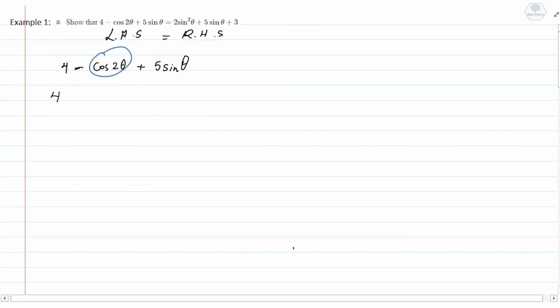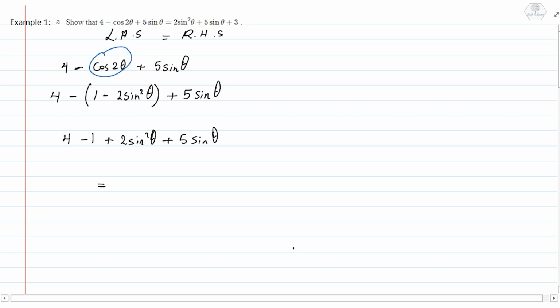So it's 4 minus the quantity 1 minus 2 sine squared theta, plus 5 sine theta. So it becomes 4 minus 1 plus 2 sine squared theta plus 5 sine theta, and 4 minus 1 is 3.